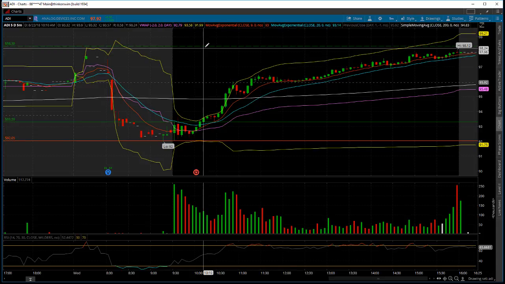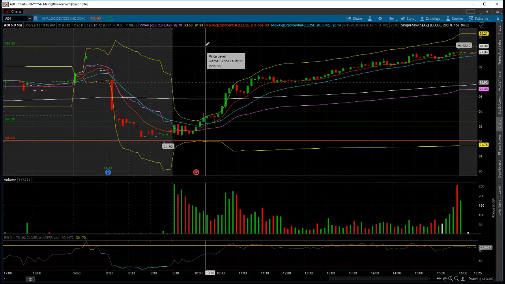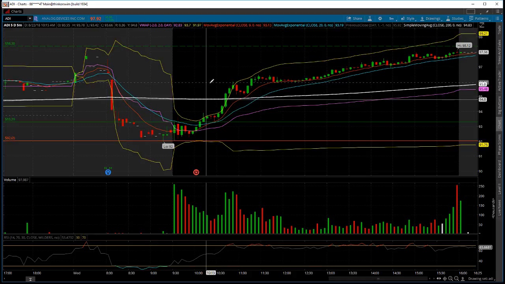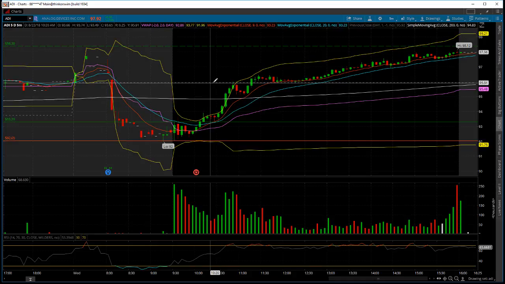And to do that, we've got to find our daily levels, and we're looking at the moving averages and areas of potential resistance on an intraday chart. So let's go back. Let's go to the daily chart first.